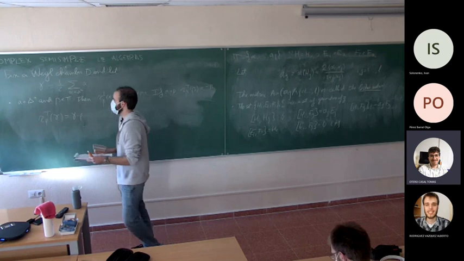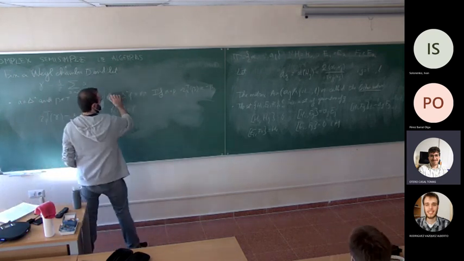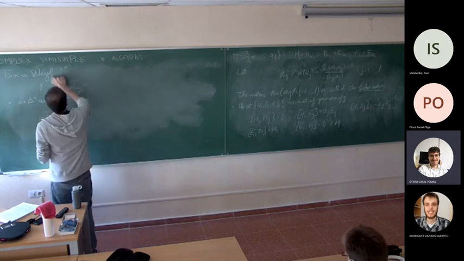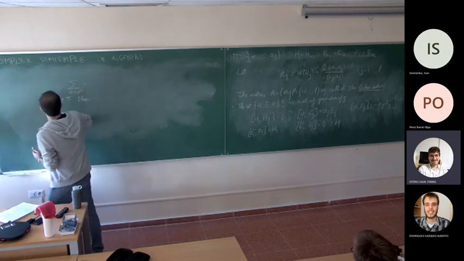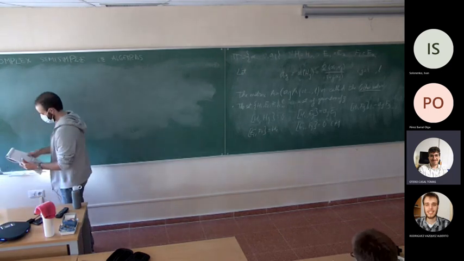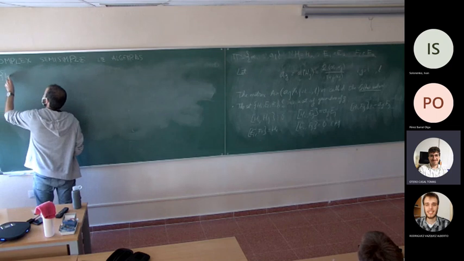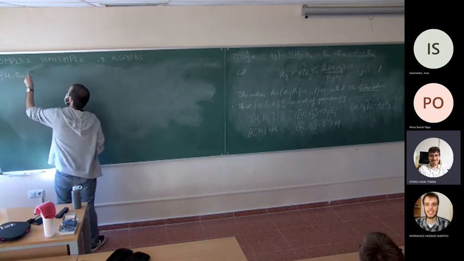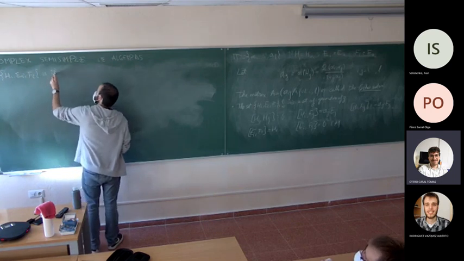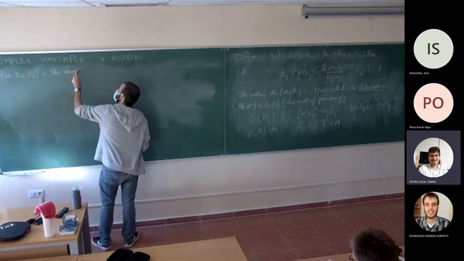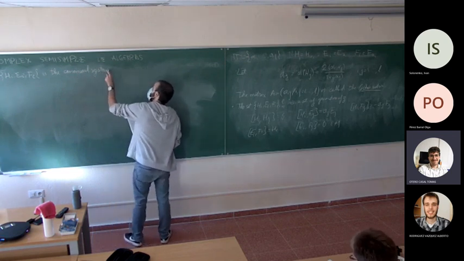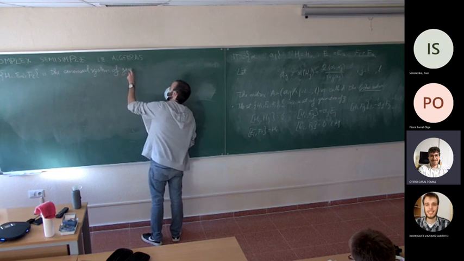So this receives a name. The name is the canonical system of generators. And again, they're generators in the Lie algebra sense. So Hi, Ei, Fi is the canonical system of generators.